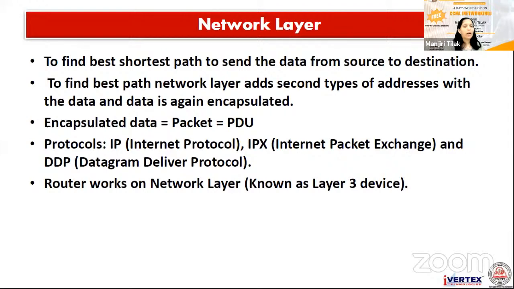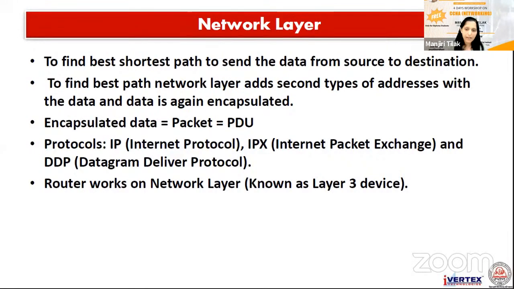Now, which device works on IP addresses to find the best path? We have seen the devices, right? Router works on IP address. Router needs IP address for sending the packet or sending the data. That's why we say router works on network layer, because router needs IP address to send your data from source to destination.